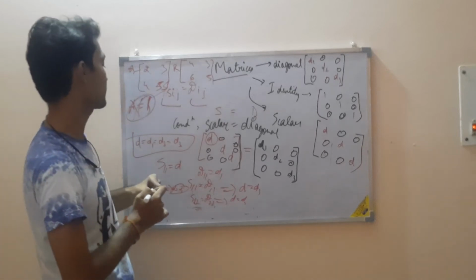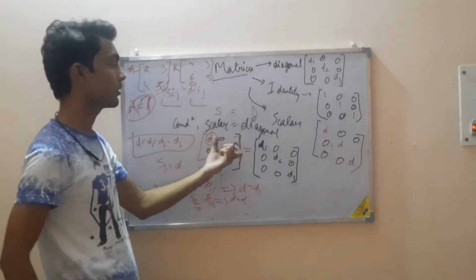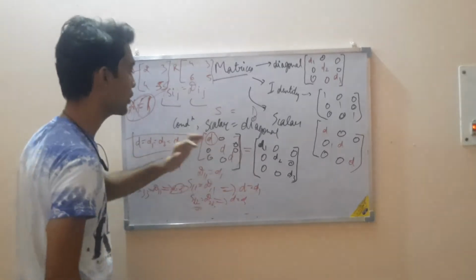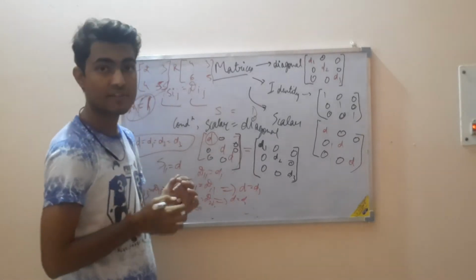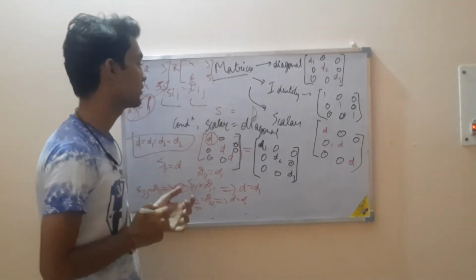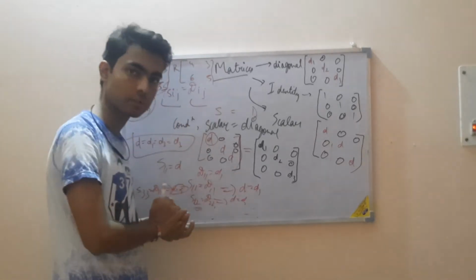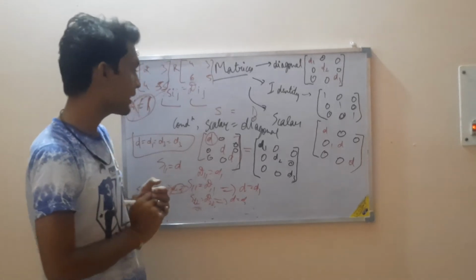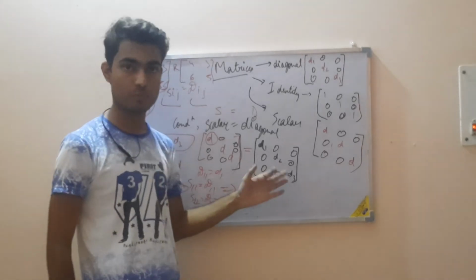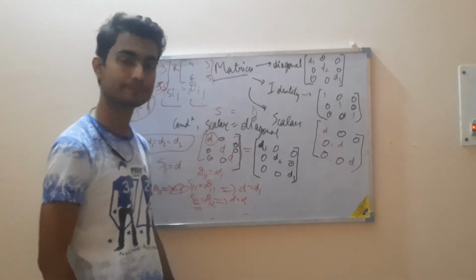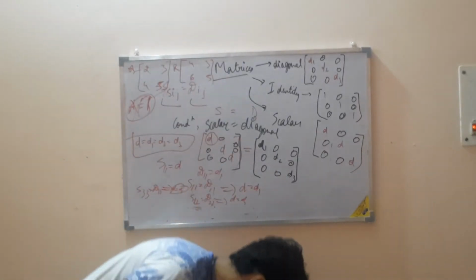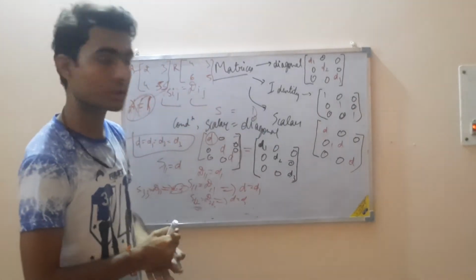This is the condition for a scalar matrix to be equal to a diagonal matrix. Or we can rephrase it this way: for a diagonal matrix to be a scalar matrix, all the diagonal entries should be equal.